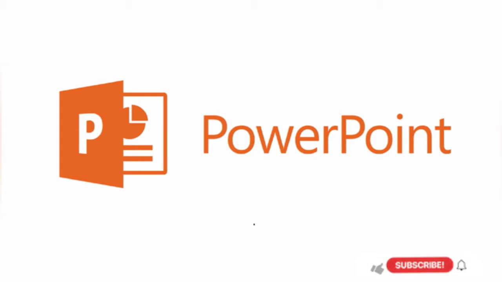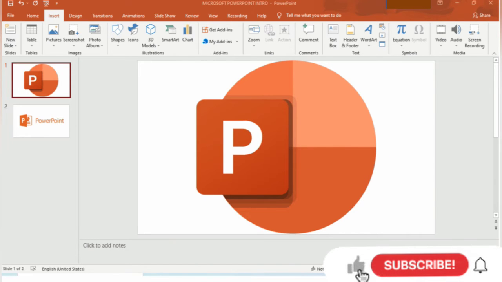Now, let's discuss some features of PowerPoint, as there are three important main features. The first one is the Office button. The Microsoft Office button is located on the upper left corner of the PowerPoint window.